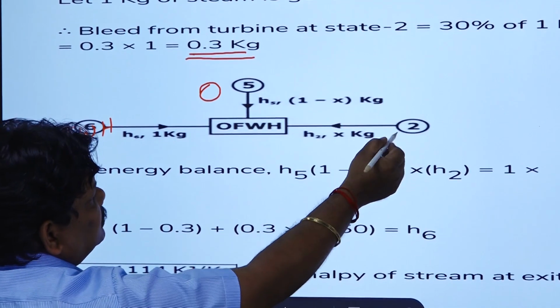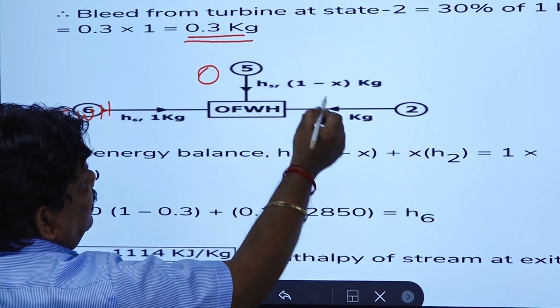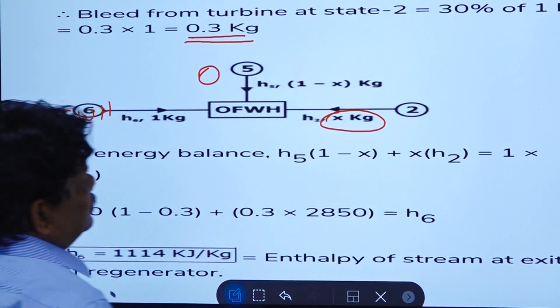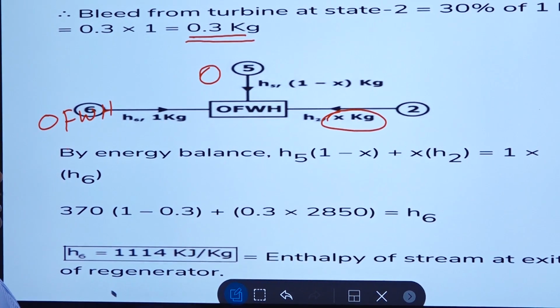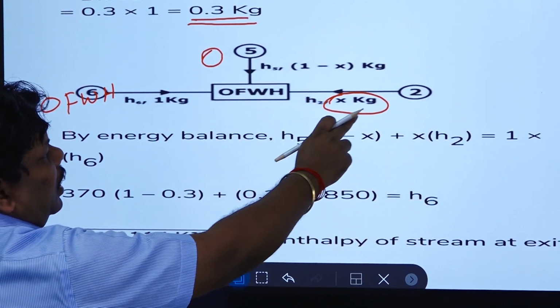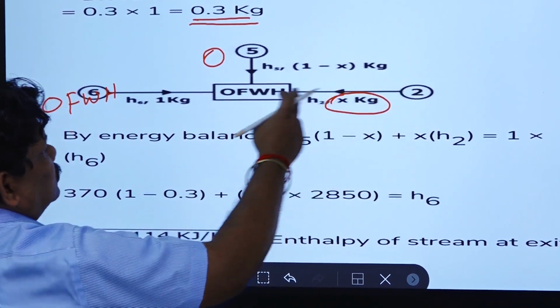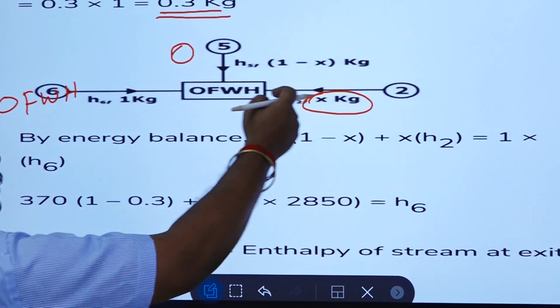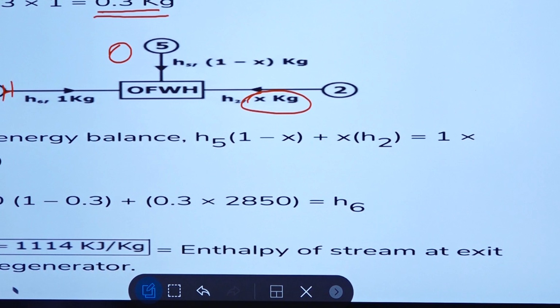If x kg is supplied, the enthalpy at this point is H2, and from 2 to the open feed water heater, x kg of this fluid is supplied.